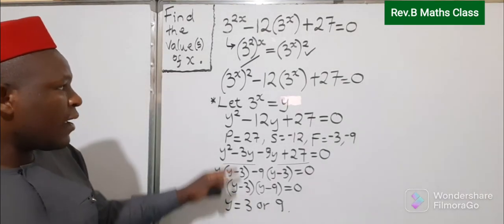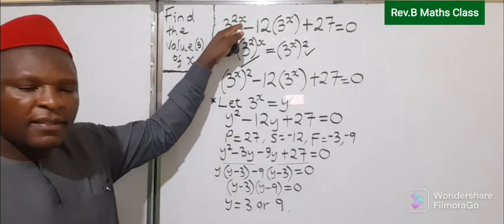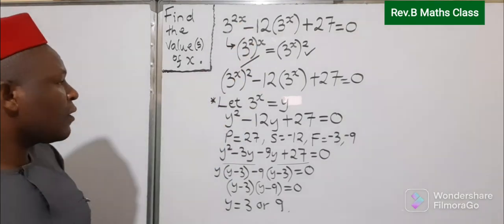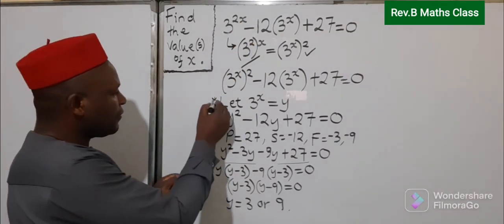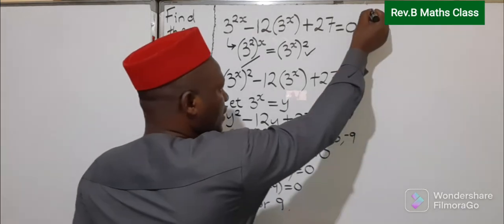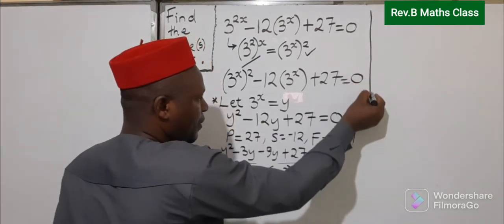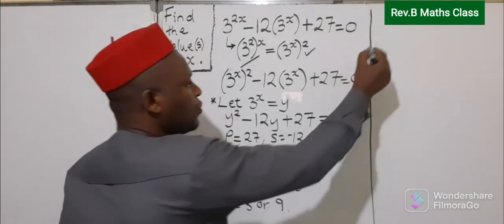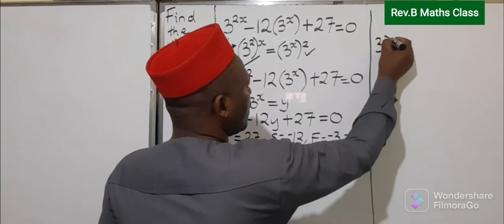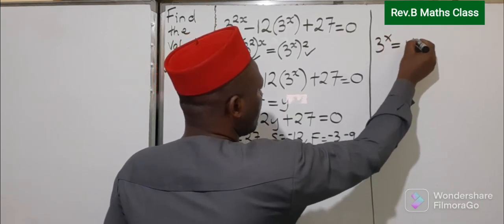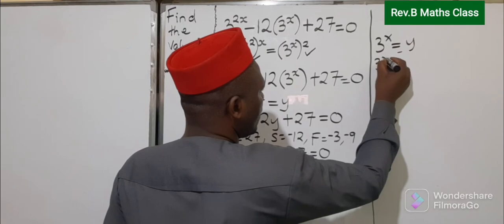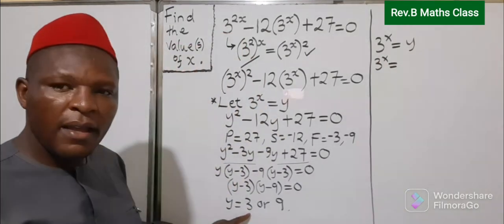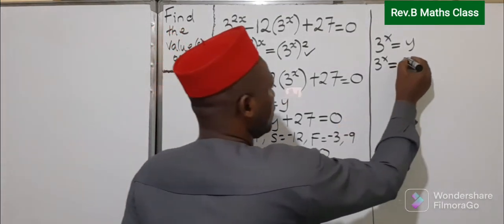These are the values of y and not the values of x. Now, how do we find the values of x there? We go back to this condition where we said let 3 power x equals to y. So we say 3 power x equals to y, which is 3 power x equals to our first value of y, a 3. You put a 3 here.